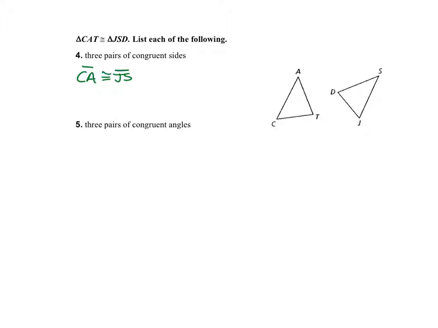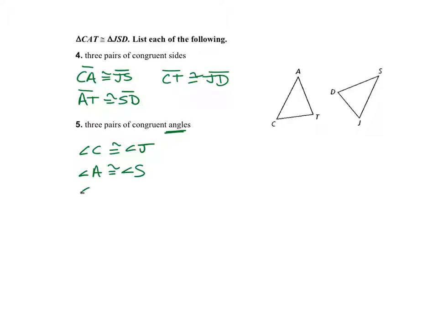AT is congruent to SD, and CT is congruent to JD. Now for 3 congruent angles, in the same order, angle C is congruent to angle J, angle A is congruent to angle S, and angle T is congruent to angle D.